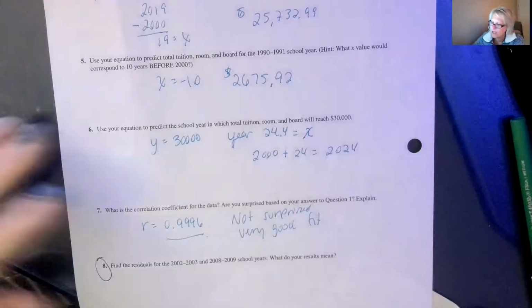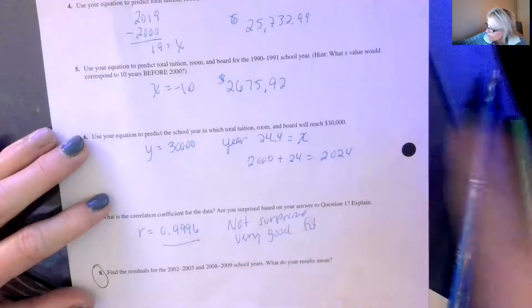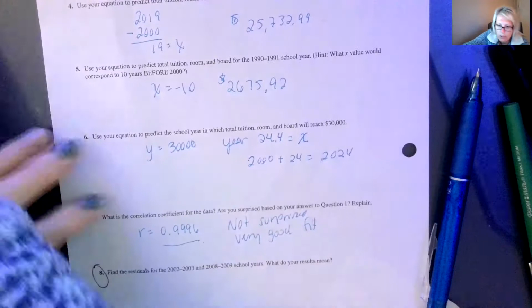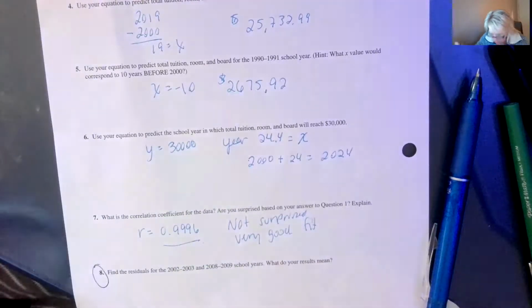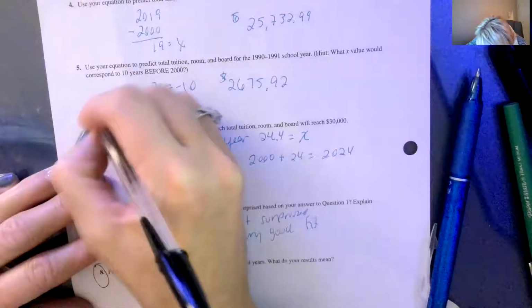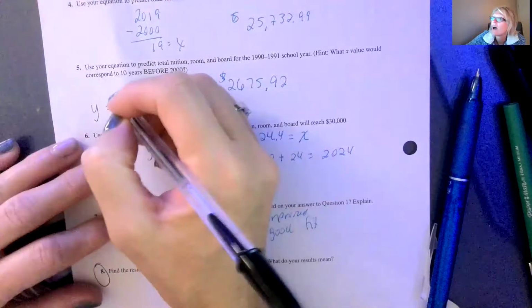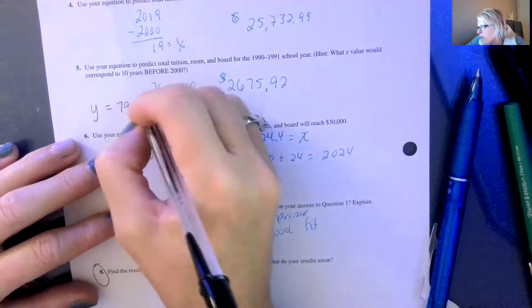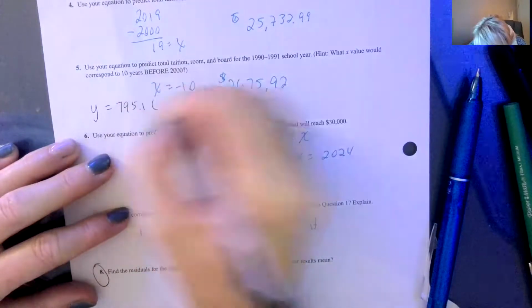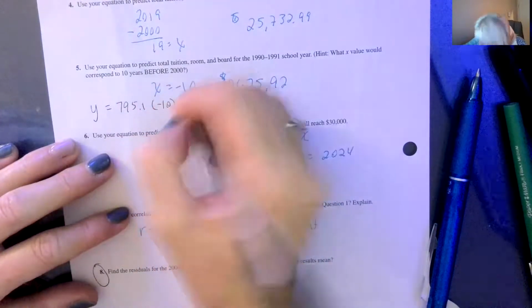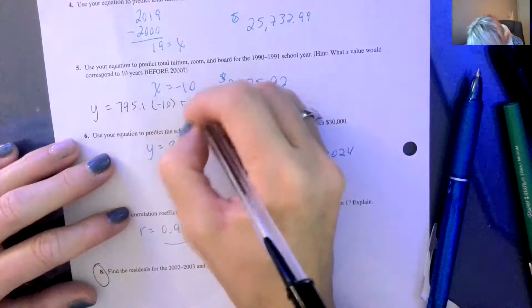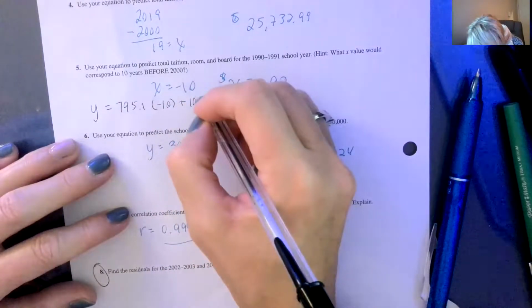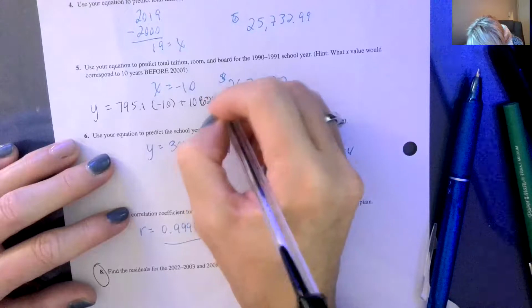Now, the one up here, you could have done using the equation if you really wanted to. So up here, you could have said y equals 795.1 times negative 10 plus your y-intercept of 10,626.6.